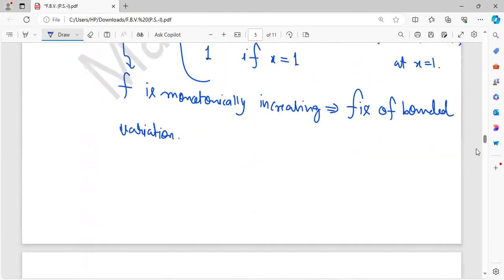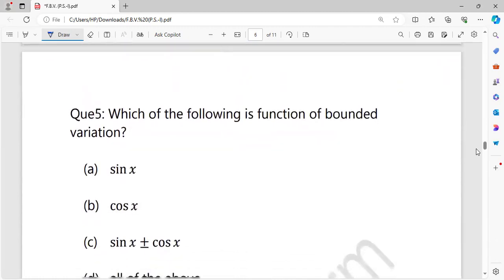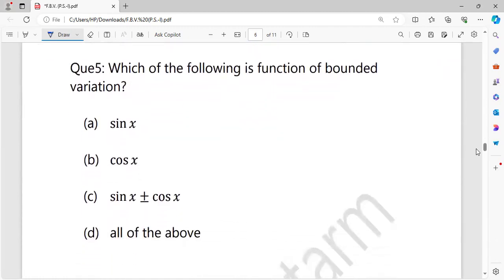Now move to the next question. Which of the following functions is of bounded variation? We know that sin x functions are Lipschitz functions.